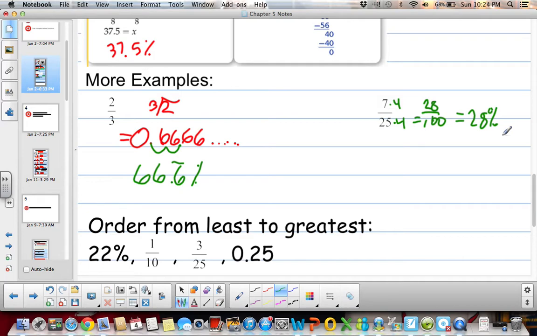So any number out of 100, you just write it as a percent. 7/25ths, we can also do 7 divided by 25, and we would get 0.28. And then we know that 0.28, if we move our decimal over 2 to the right, then we would get 28%.